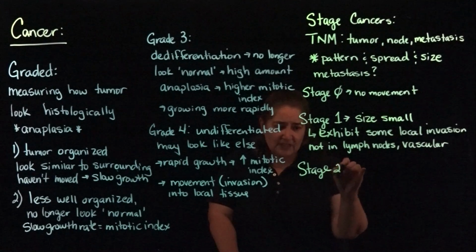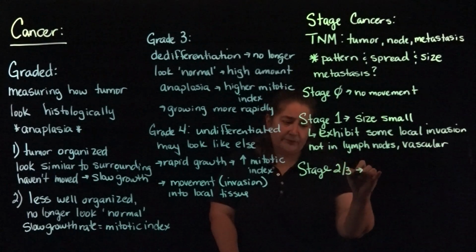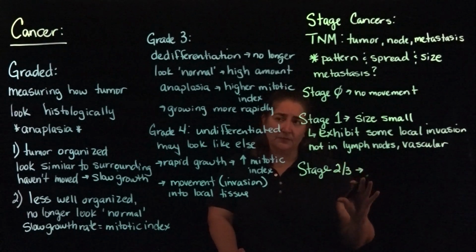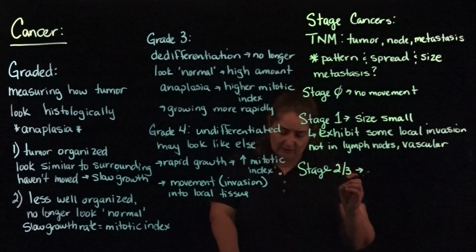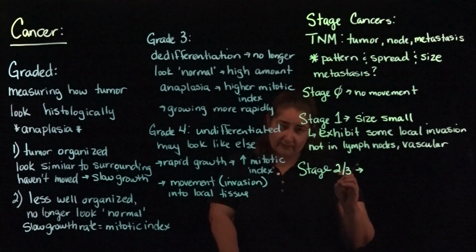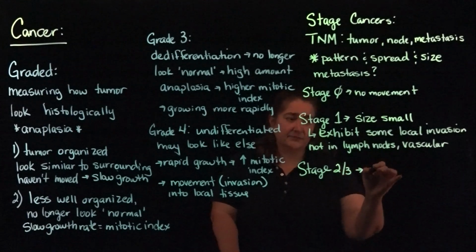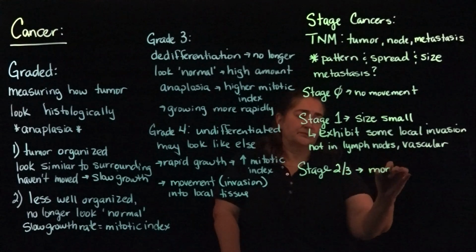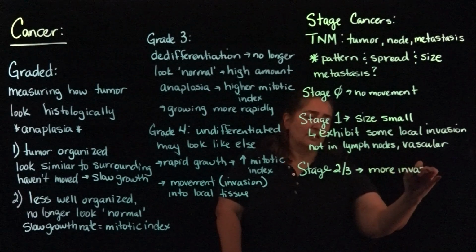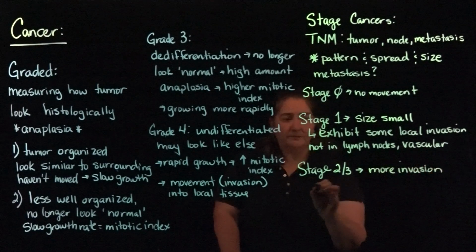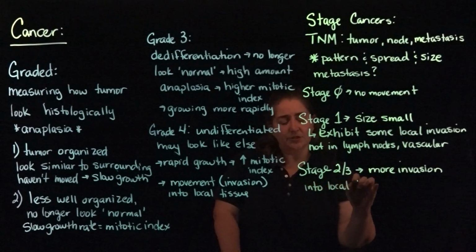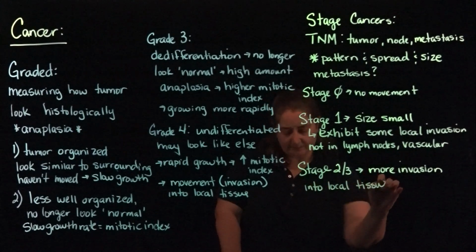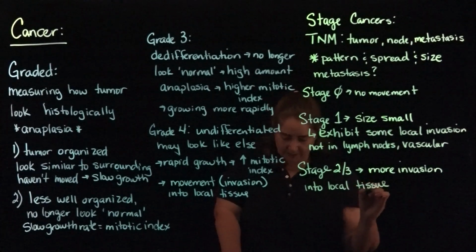I'm going to kind of put stage 2 and 3 together because these can be a little bit difficult to distinguish because they've got some of the same characteristics. You've got more invasion into the local tissue. Oh, sorry for that squeak.